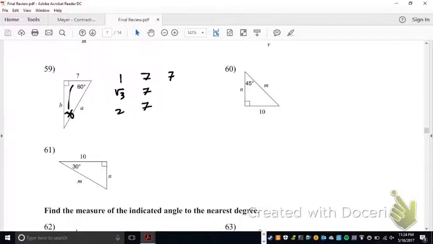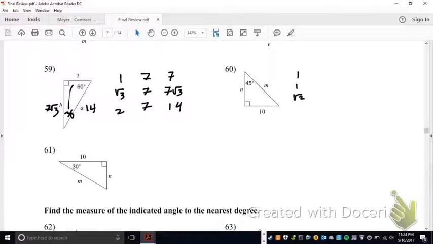So that is our scale factor, so we write it all the way down on our scale factor. And then we're going to go, square root of 3 times 7 equals 7 radical 3. 7 times 2 is 14. So A is 14, B is 7 radical 3.